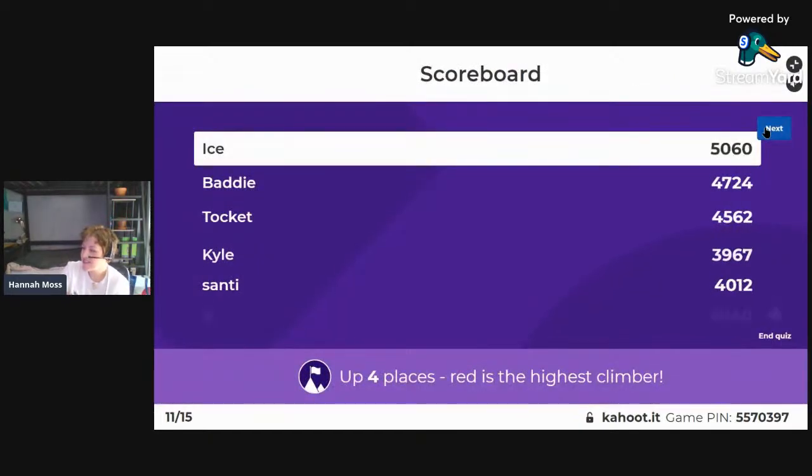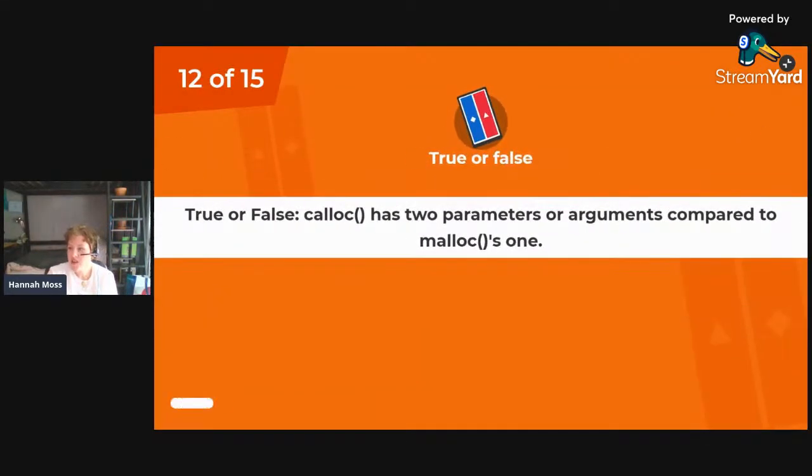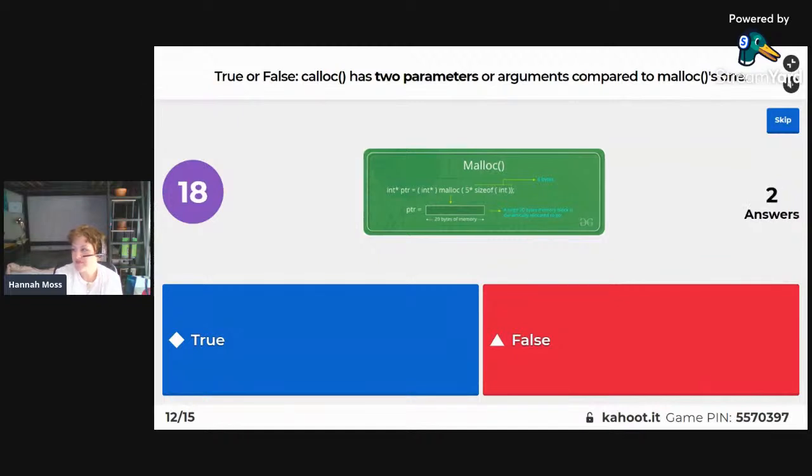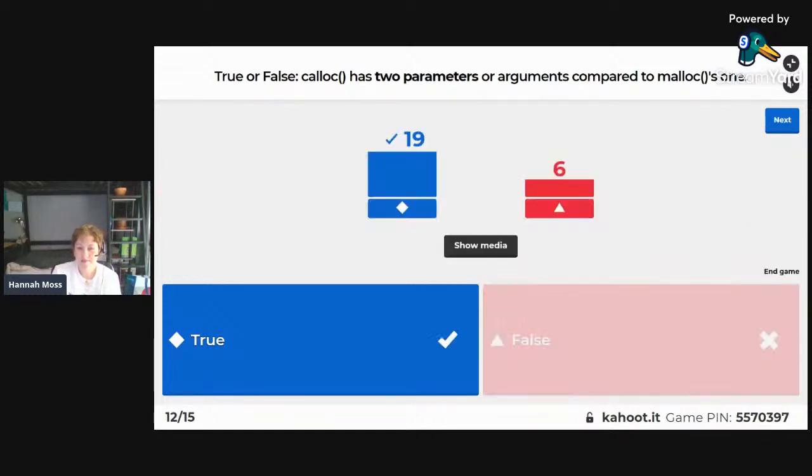Awesome. Okay. True or false? Calloc has 2 parameters or arguments compared to malloc's 1. Awesome.